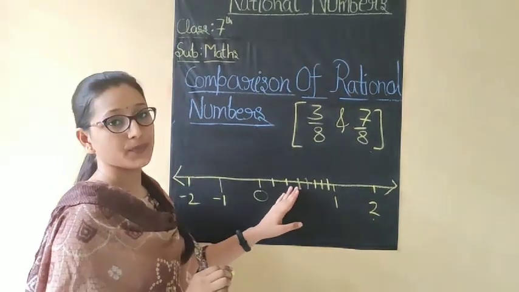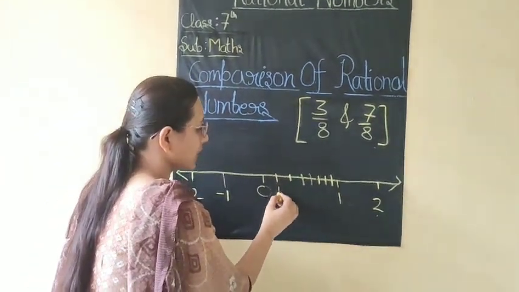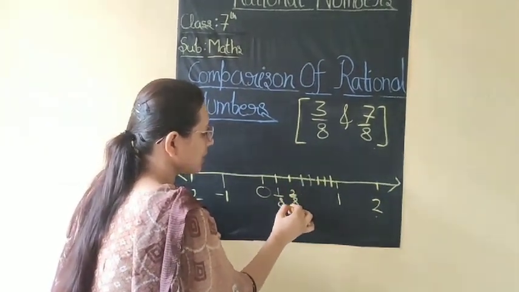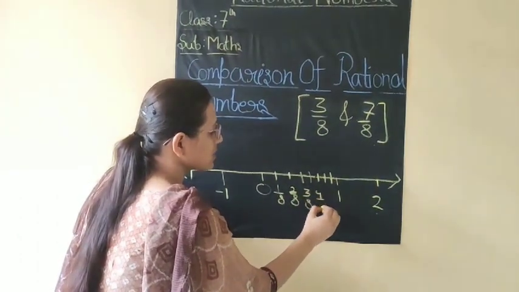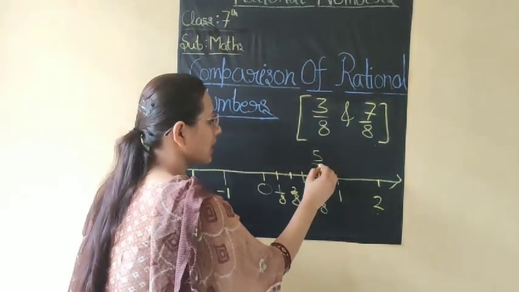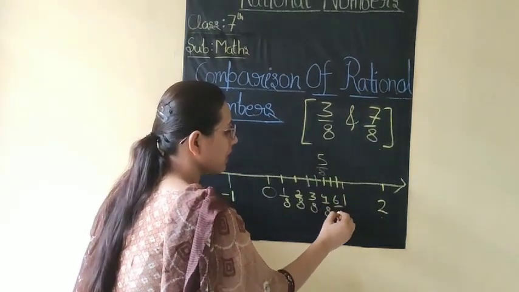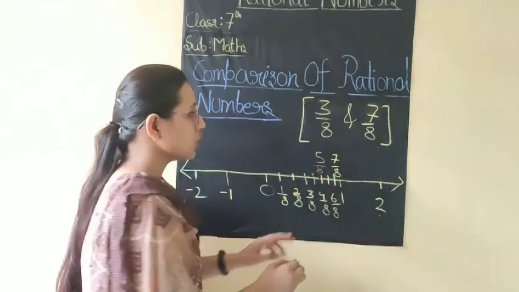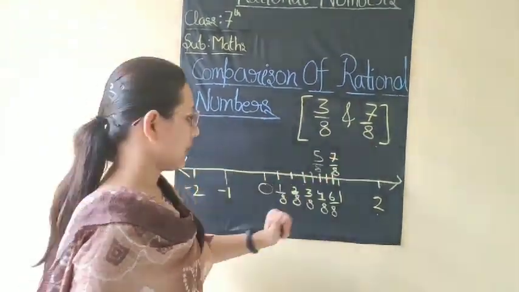Okay. So let us mark it. This is 1 by 8 and 2 by 8 and 3 by 8, 4 by 8. Another is 5 by 8 and 6 by 8, and this is 7 by 8. So let us mark 3 by 8 and 7 by 8 on the number line.